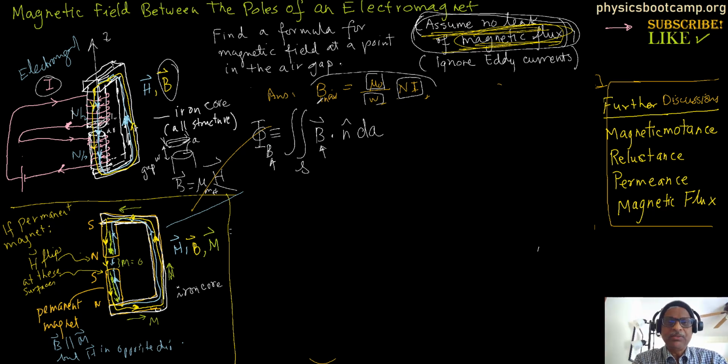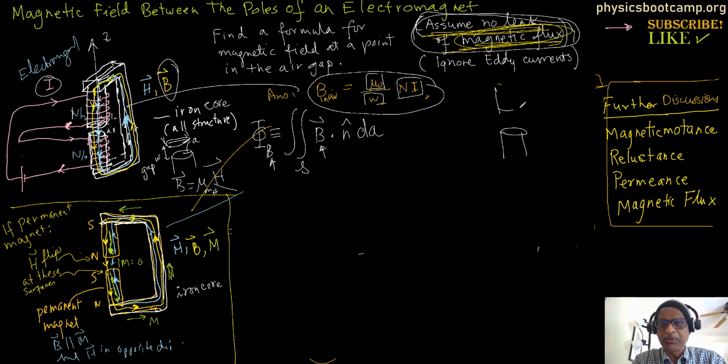Okay, so let's look at this example. We suppose the poles, so we have another pole here, and let this radius be A. All the flux has gone through here, and we do this integration over this area.